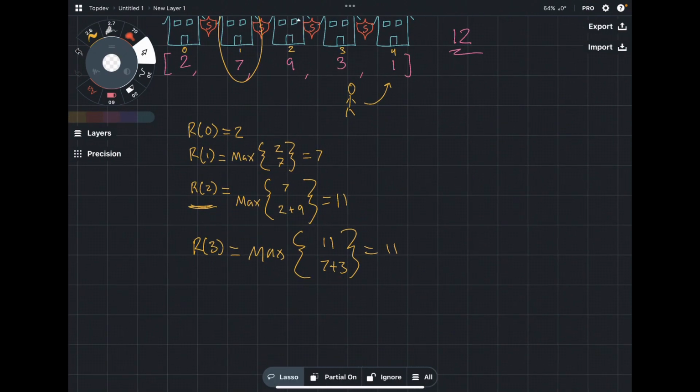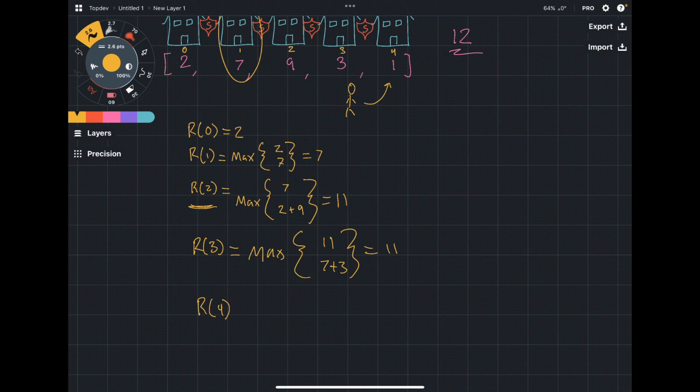And he's going to say, robbing house number 4, I know that I have already seen the potential of robbing house R3. If I already robbed this house, then my profit would be 11. So I know that 11 is the best I've seen so far.